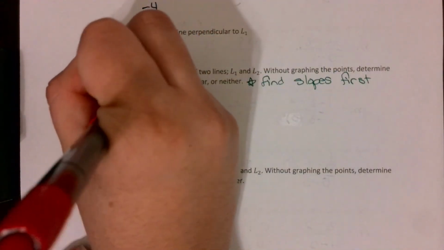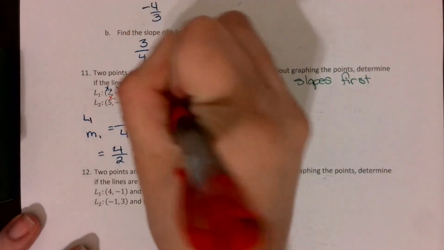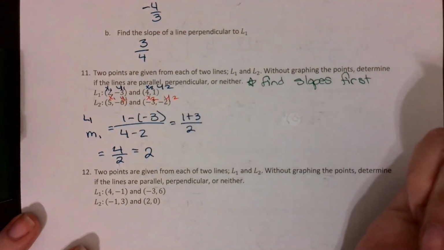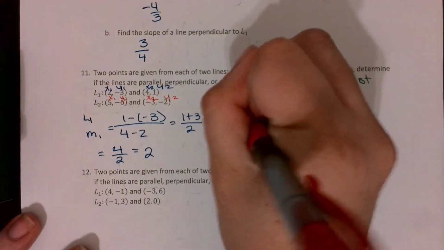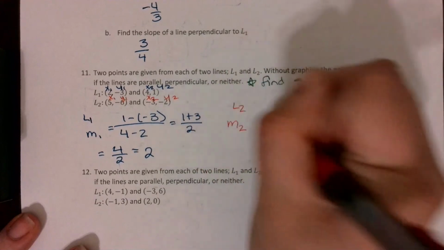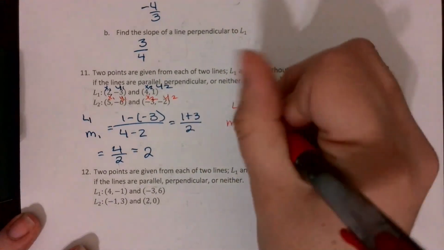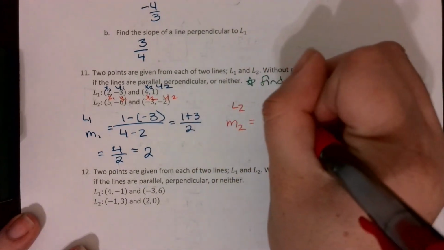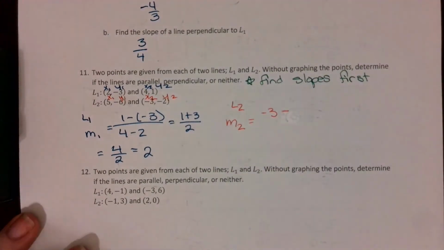Then I'm going to do the same thing for L2. I'm going to do this in a different color to make it clear that I'm not labeling the same points, x1, y1, x2, y2. So L2 is red. My slope is going to be called M2.